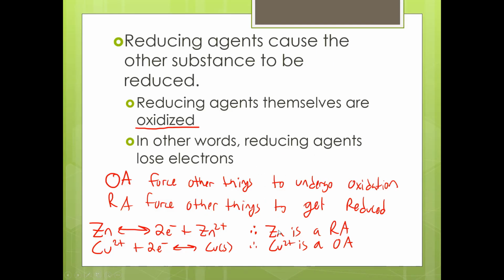Yeah. So zinc is the reducing agent because it's the one that is forcibly giving up its electrons, and the copper 2 plus is the oxidizing agent because that's where the electrons go.